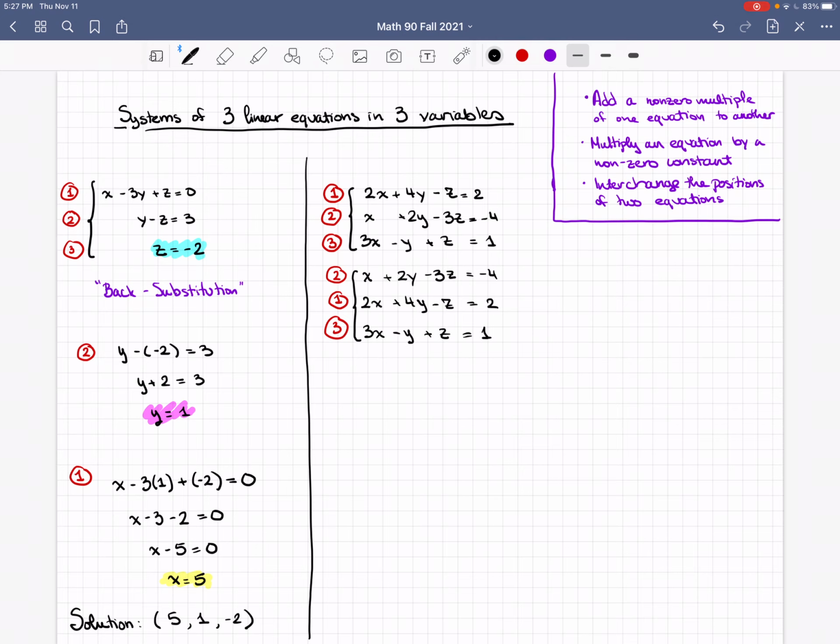Now remember, what I want to do now is eliminate x from the second equation.